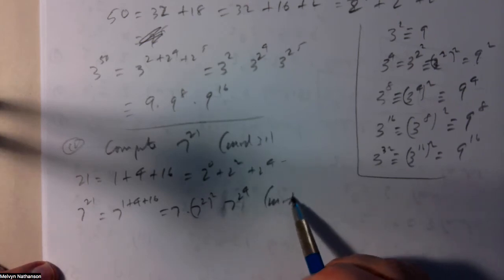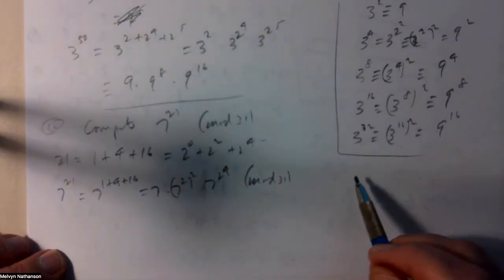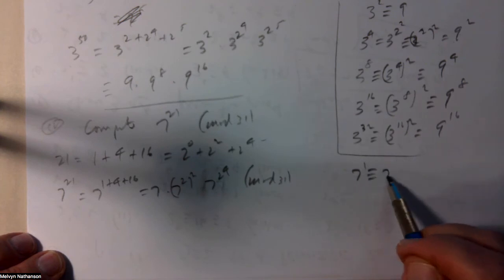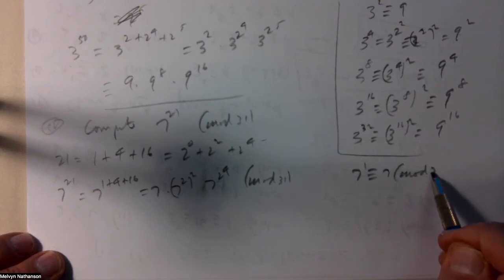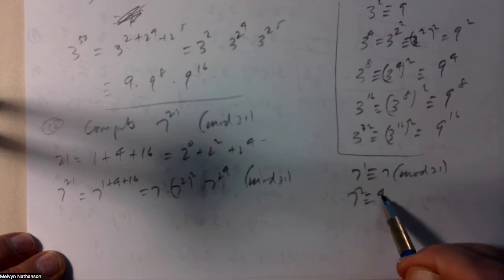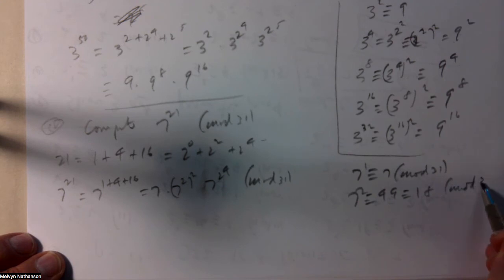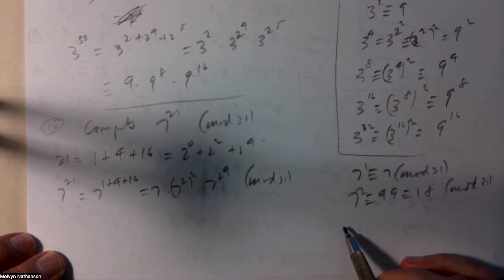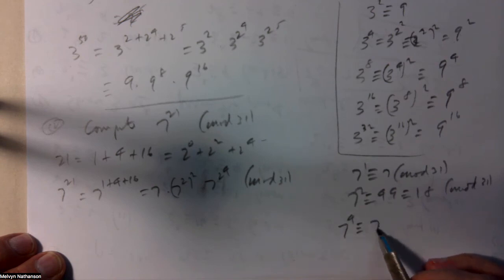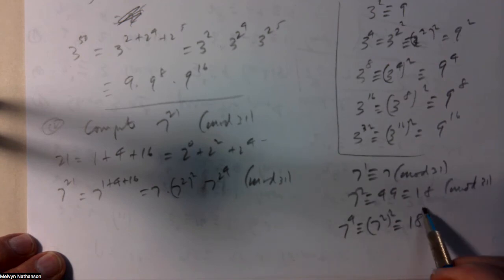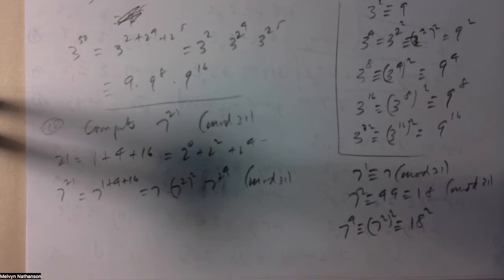But we want to compute this mod 31. So 7 to the first power is 7 mod 31. 7 squared is 49. 49 is 18 mod 31. 7 to the 4th power is 7 squared squared. That's 18 squared. What is 18 squared? I believe it's 324.